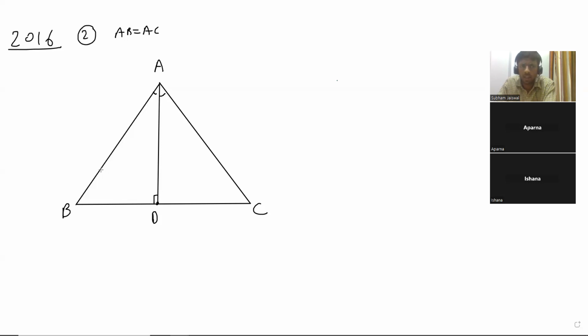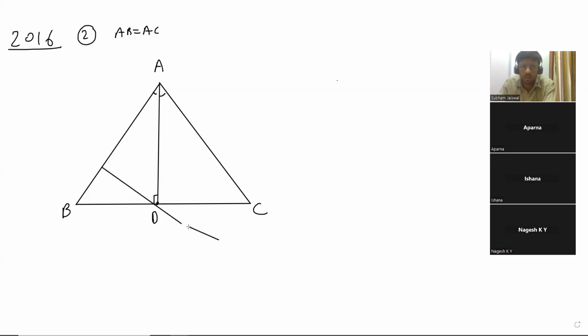Okay, let's imagine that maybe they want to. So AB is equal to AC, and the bisector is of A. You are sure about that? Yes. Then the line perpendicular to D doesn't make sense.